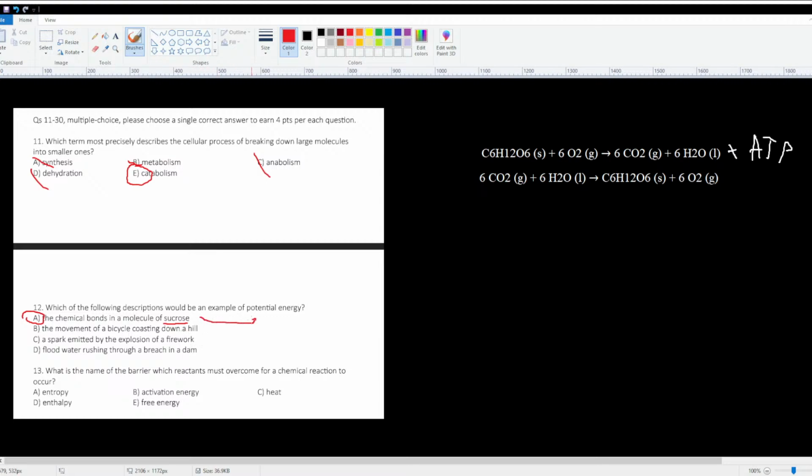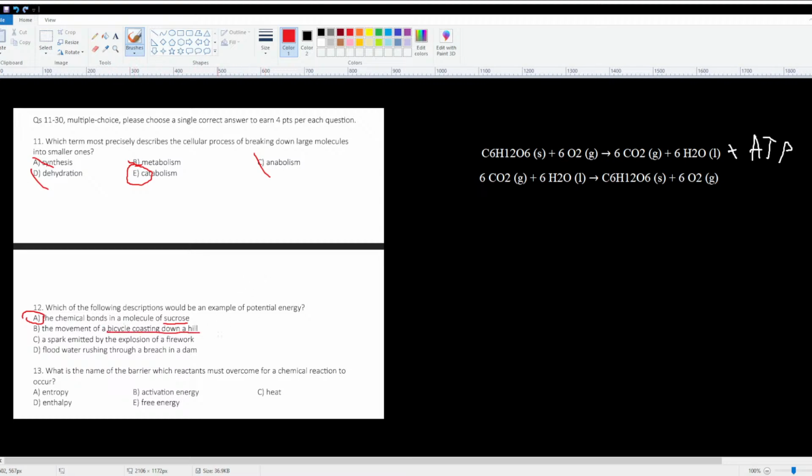That would be a perfect example of potential energy. It has the capability to be broken down. Eventually it will be broken down. It has the bonds, it has everything that's able to be broken down. Specifically, this would be chemical potential energy.